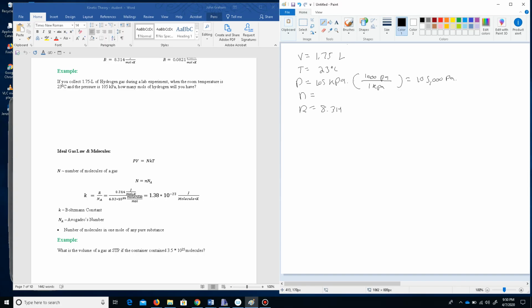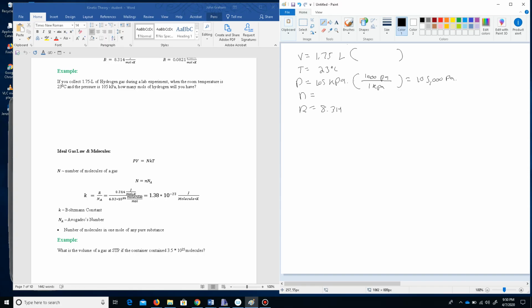At this point now, we have to come up here to liters. Liters doesn't match up with the pascals, so we're going to have to convert this to meters cubed. I don't remember the conversion directly from liters to meters cubed.